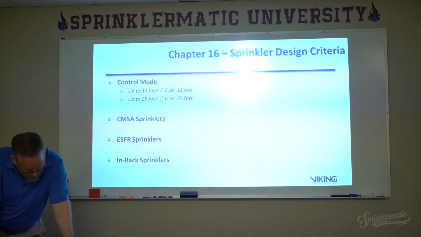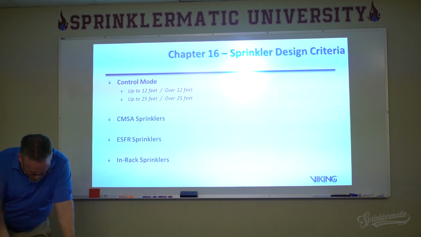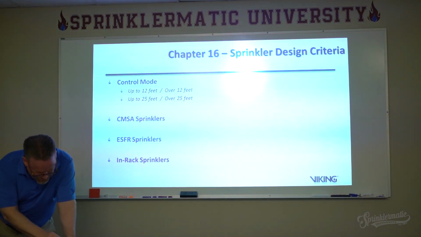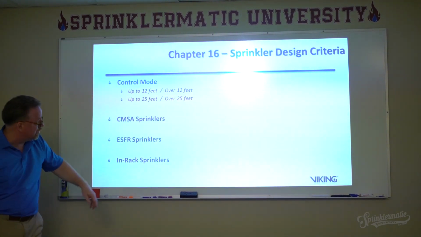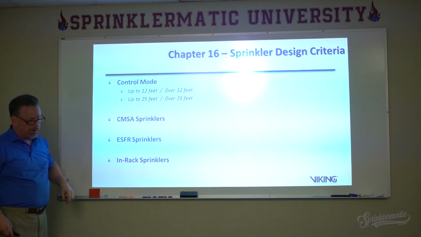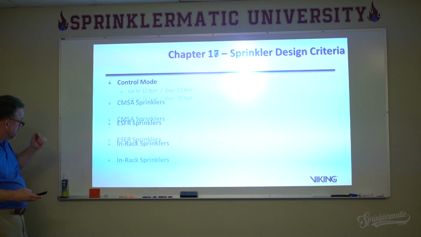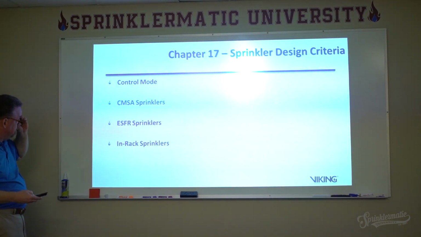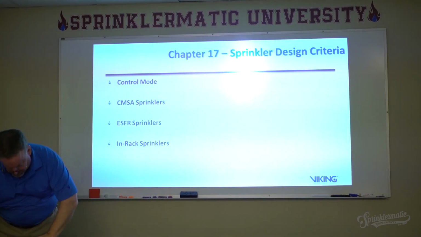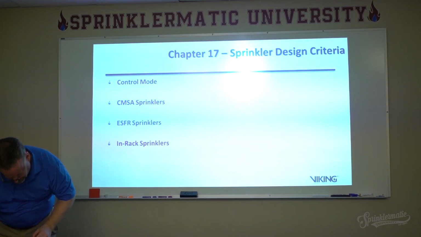So if we go to page 4 in the quick reference guide, you can see control mode density area sprinklers, CMDA. They're just control mode sprinklers. These are the types of sprinklers that we would be using in that control mode arrangement. And then in-rack sprinklers, both 16 and 17. In-rack sprinklers we have on page 5 out in the back.